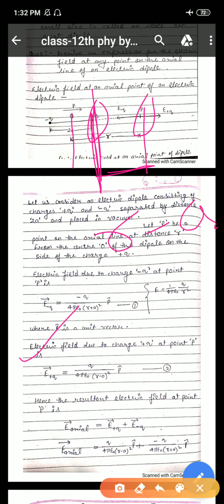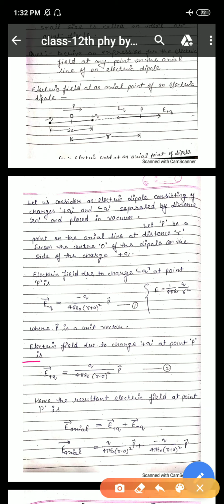The formula of electric field is E equals 1 upon 4 pi epsilon naught, q upon r square. So putting these values, 1 upon 4 pi epsilon naught, q, and the value of r is r minus a whole square. Is it clear?